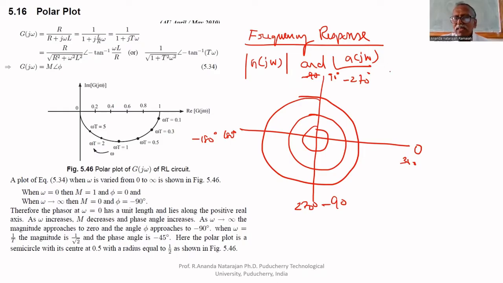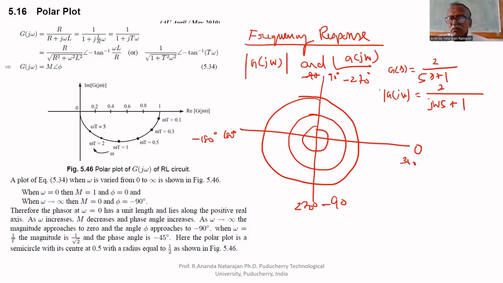Here, suppose you have a transfer function G of s equal to 2 upon 5s plus 1. For that, if you want to draw the frequency response on a polar chart, you have to find G of j omega, that is equal to 2 upon (5 j omega plus 1).